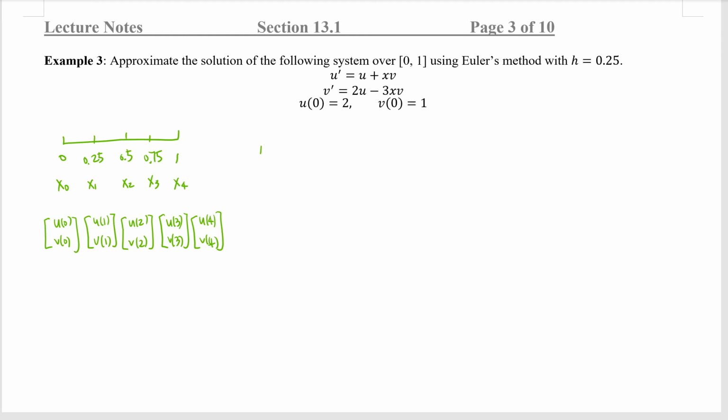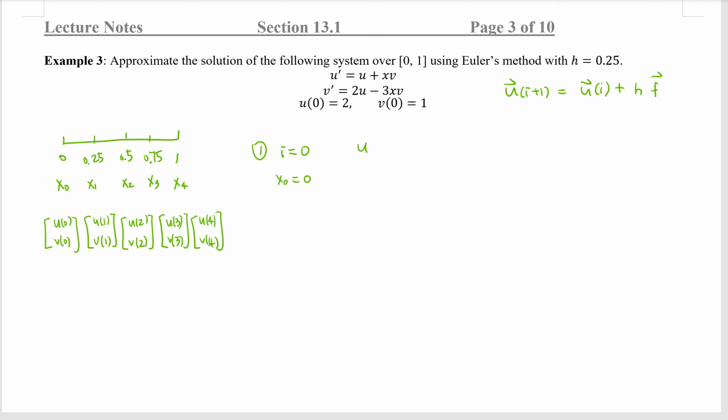So step 1, i equals 0, and then x0 is 0. Now keep in mind our formula: u(i+1) equals u(i) plus h times f, right?